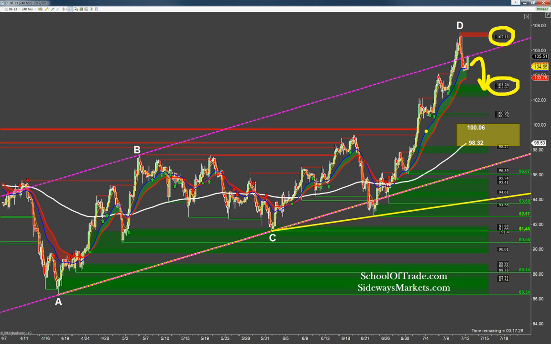The 4-hour chart gives us a lot more information. We still don't know, though, is this market going to rise or is it going to fall? We know what the targets look like below us at 103.26, targets above us at 107.11, so we know where we're going to be shooting for if the buyers are in control and we're buying, or if they collapse and we start selling. So keep an eye on those levels here this morning.